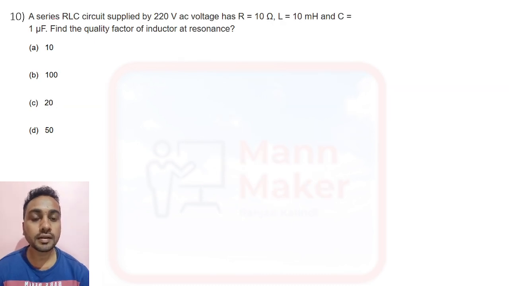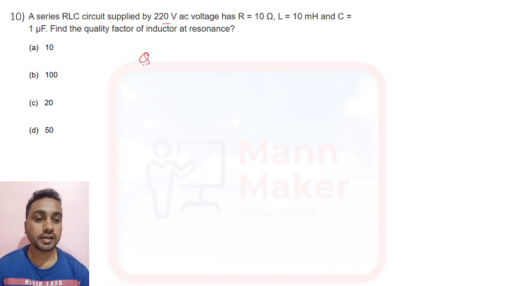A series RLC circuit supplied by 220 volt AC voltage has R is 10 ohm, L is 10 millihenry and C equal to 1 microfarad. Find the quality factor of the inductor at resonance circuit.